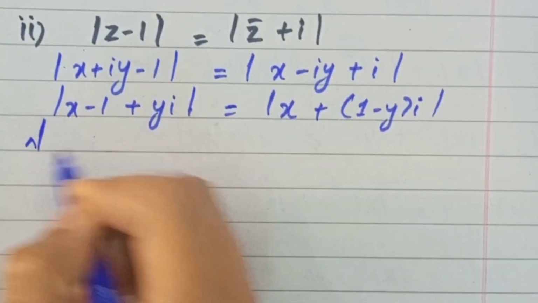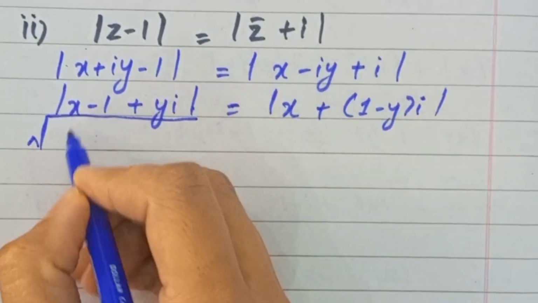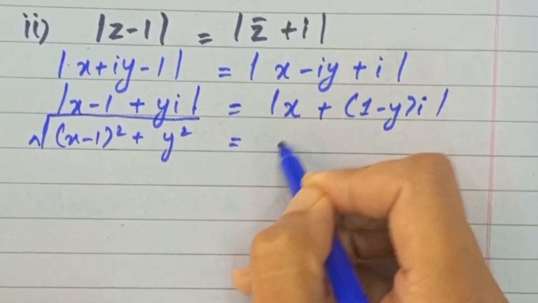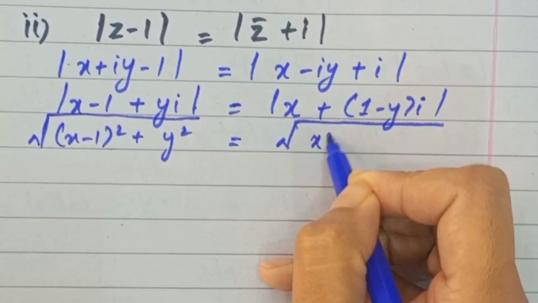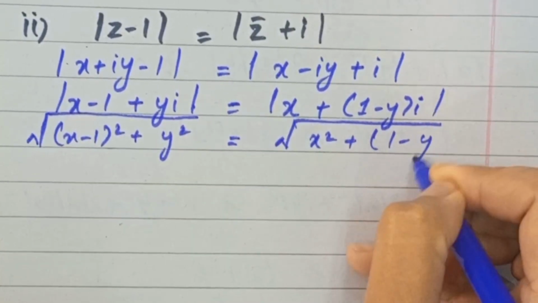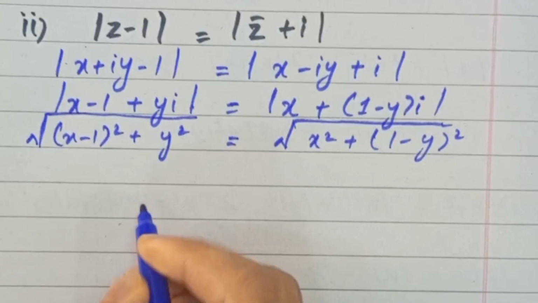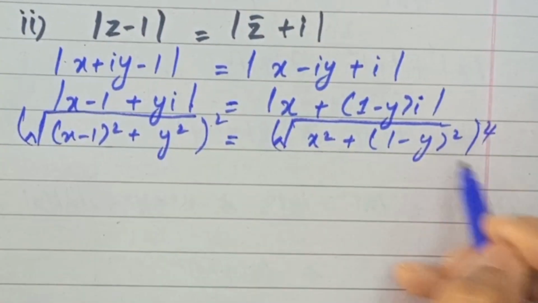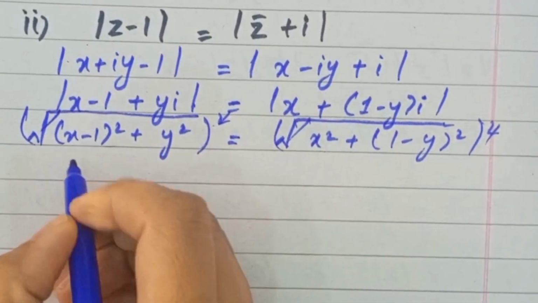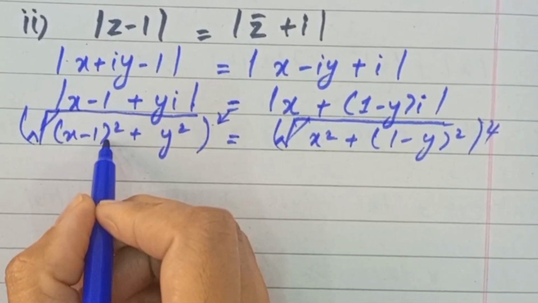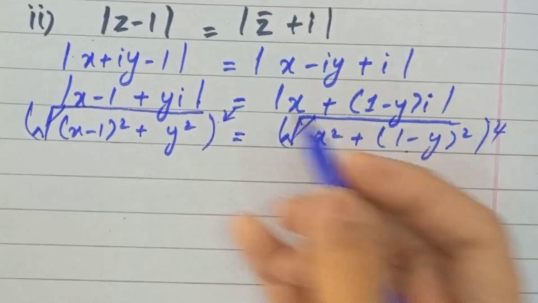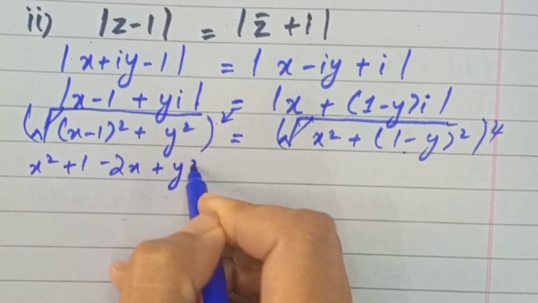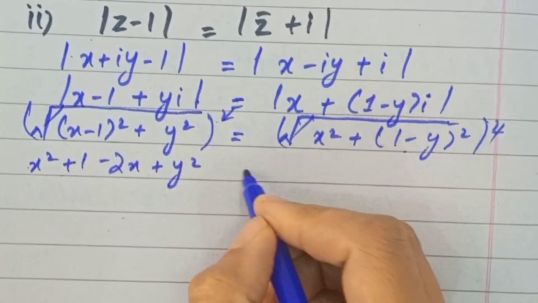So putting the formula, (x − 1)² + y², and here x² + (1 − y)². When we put the square on both sides, the square roots will be cancelled. Now put the formula of (a − b)² here and (a − b)² here too: a² + b² − 2ab.